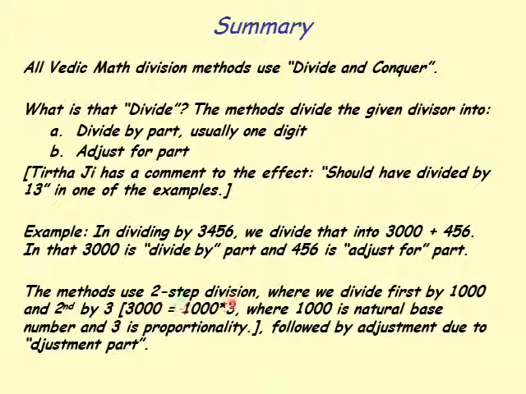The method uses two-step division where we divide first by 1000, which is a natural base number, and second by 3, which is the proportionality. 3000 is 1000 times 3, where 1000 is the natural base number and 3 is the proportionality, followed by adjustment due to the adjustment part. The adjustment part is 456 here.